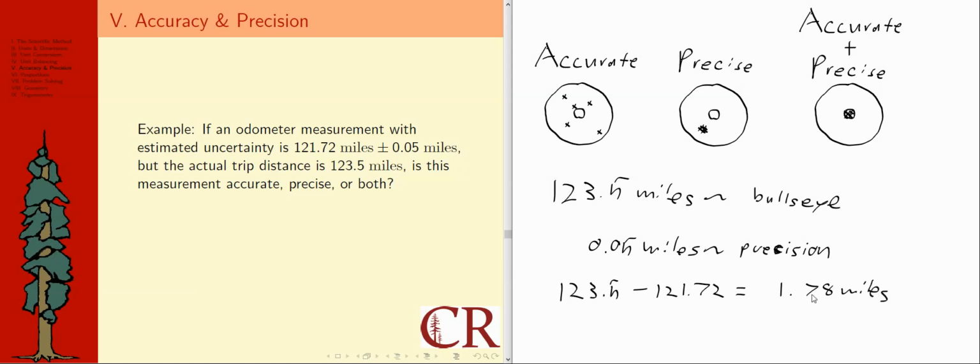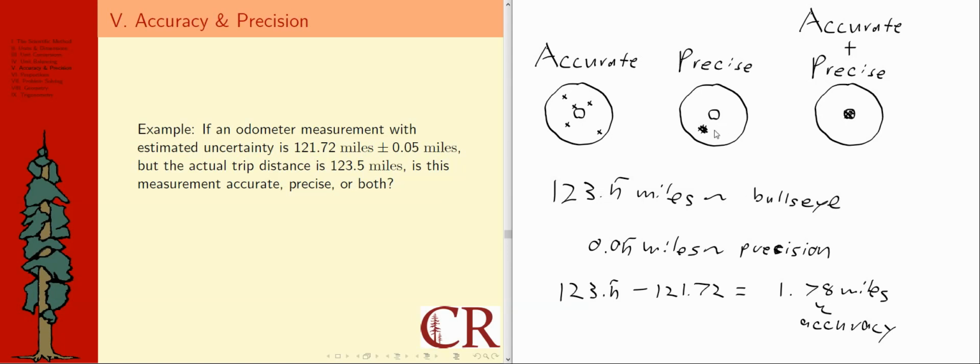All right. So I call this a discrepancy, but you could also associate this with accuracy or inaccuracy. In other words, how far apart were these two numbers? And I'm looking at this and seeing that it is a lot bigger than the number I associated with the precision. So when it says, is this measurement accurate, precise, or both, I'm inclined to say it's precise but not accurate.